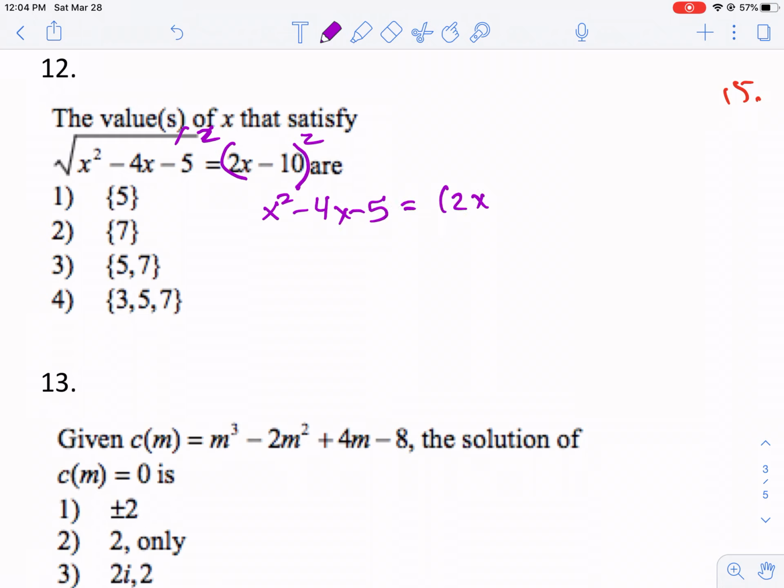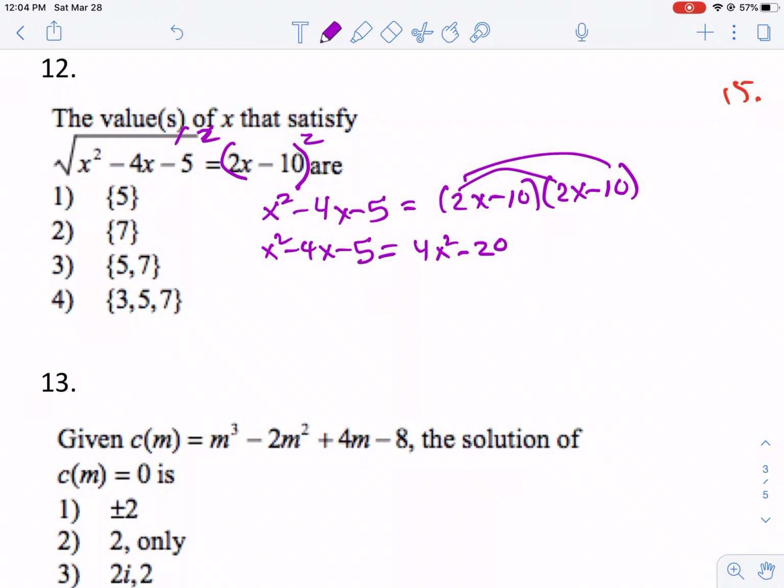And I have to write this out twice and double distribute. So x squared minus 4x minus 5. You get 4x squared minus 20x minus 20x plus 100. I'm going to move everything over and set it equal to 0.